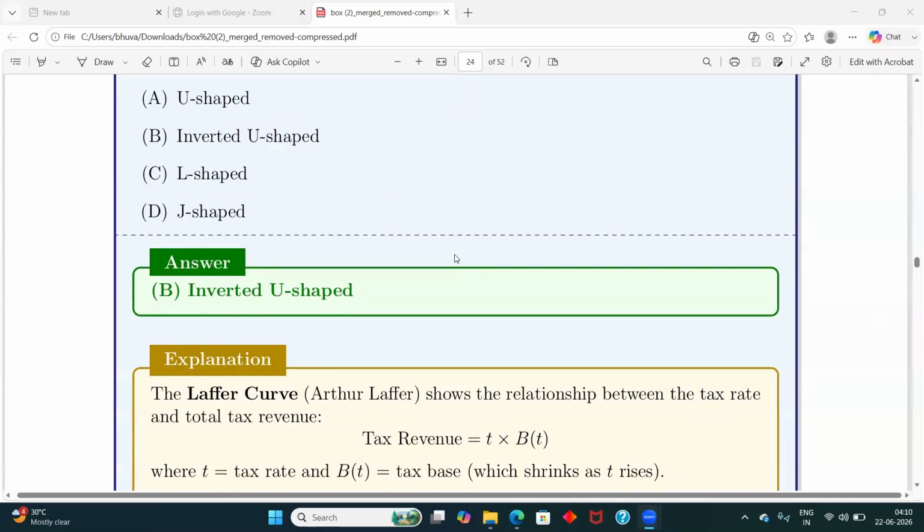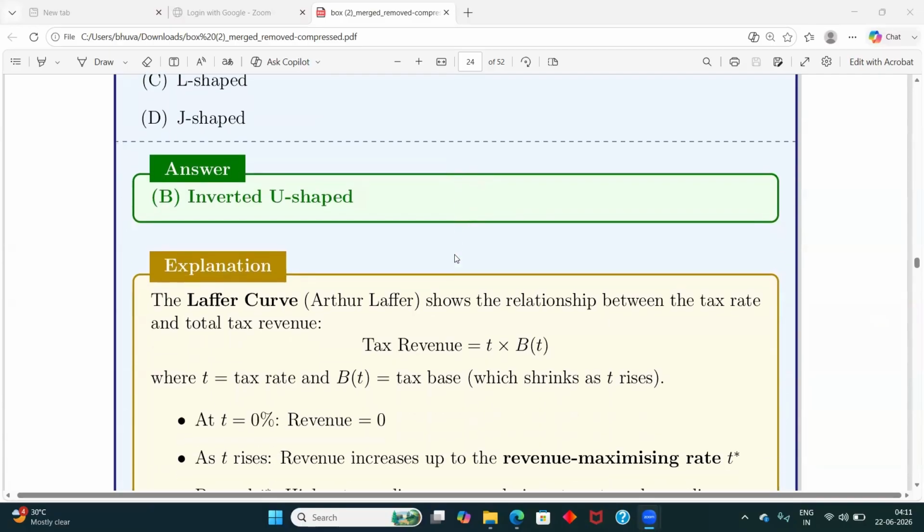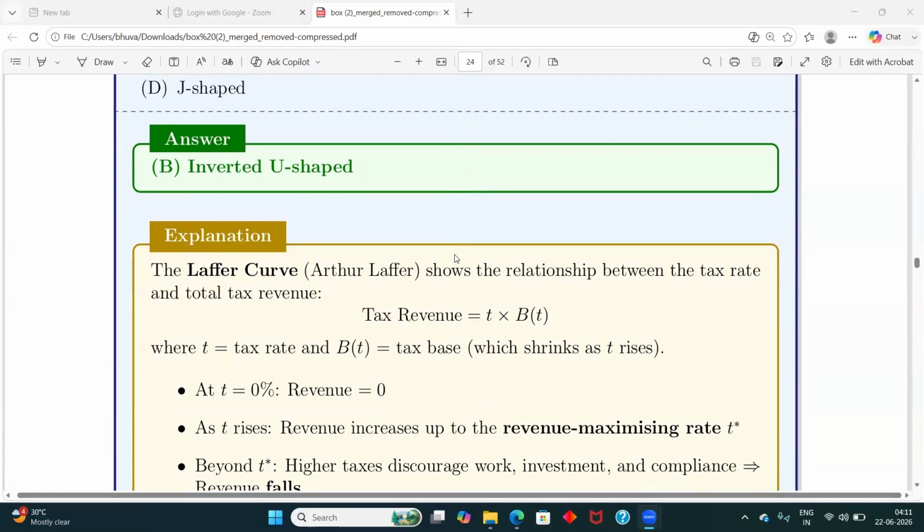This curve, given by Arthur Laffer, shows the relationship between tax rate and total tax revenue. Tax revenue is equal to tax rate T times the tax base, which shrinks as T rises. T is the tax rate.